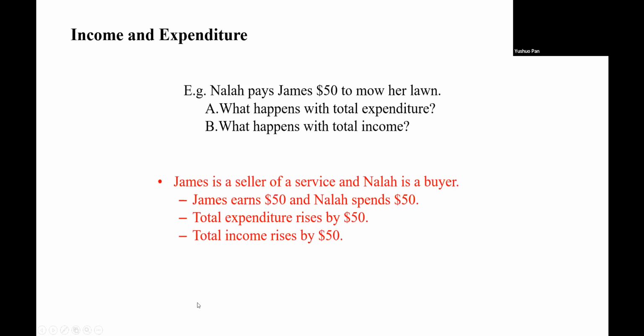But for James, that's the income for James because he gives the service, right? So the total income should also equal $50. So again, income equals expenditure. Total expenditure rises by $50, and the total income also rises by $50.